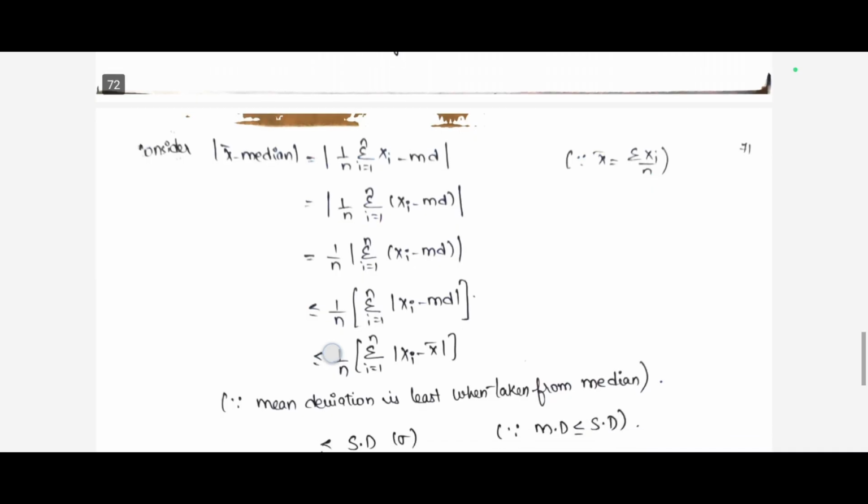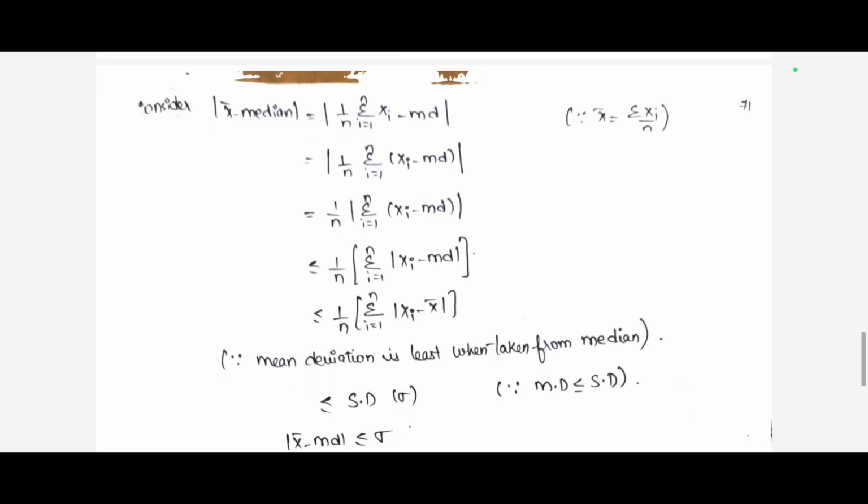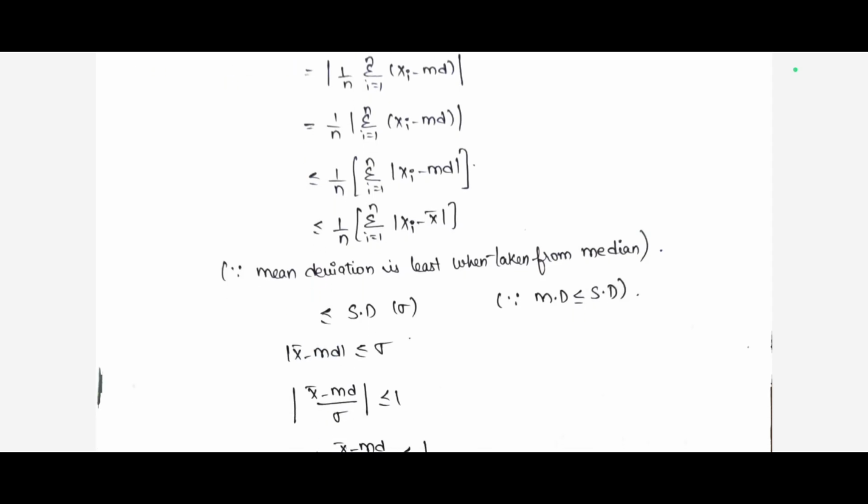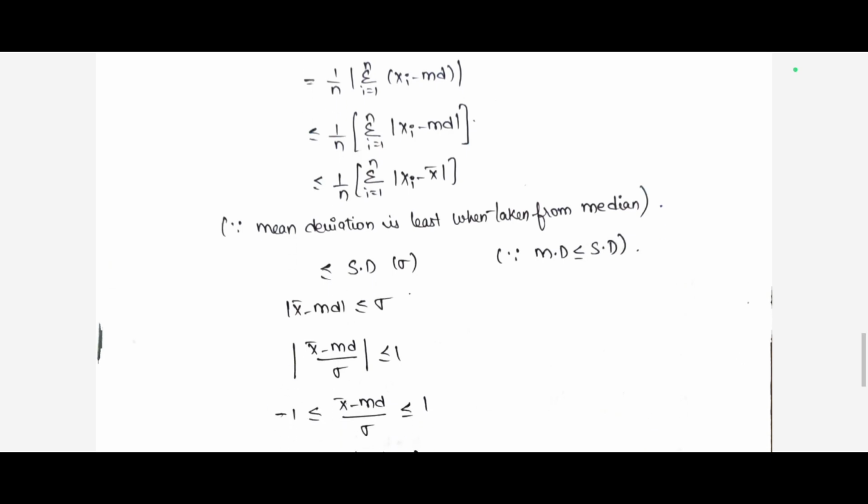Next, we are taking the less than or equal to, considering the modulus of xi minus Md. The mean deviation is least when it is taken from the median, so it is within the formula of the standard deviation. So modulus of x bar minus Md is always less than or equal to sigma.